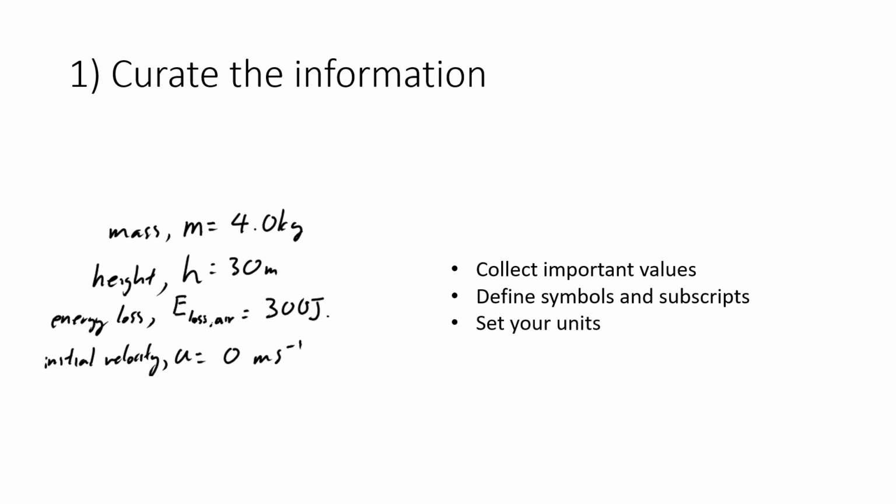It didn't happen here, but sometimes questions throw us a bit of a curveball by giving us the mass in grams or giving us a distance in centimeters. And we have to be prudent about it and maybe convert it to the base SI units of meters and kilograms so that we do not make unit errors. And then, of course, we draw a diagram for clarity.